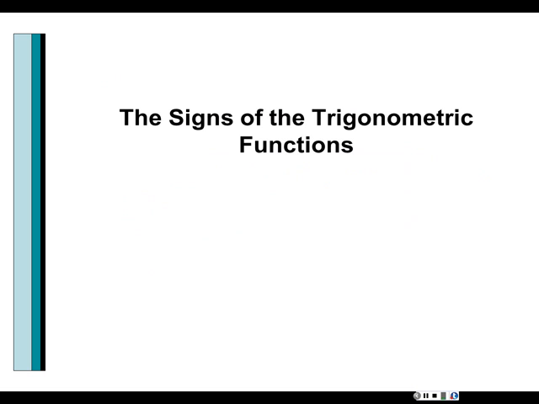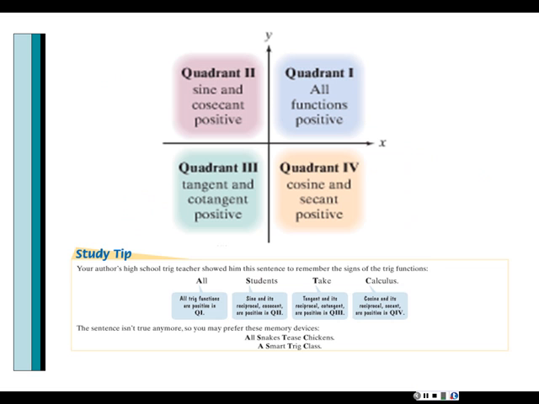Now, a more interesting part, as I said, is how the signs of different trigonometric functions are defined. You see, we have the x and y axes here, and as we now know, we don't have that restriction that theta has to be an acute angle, less than 90.